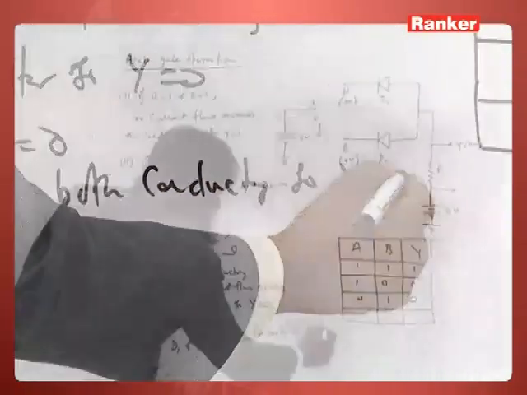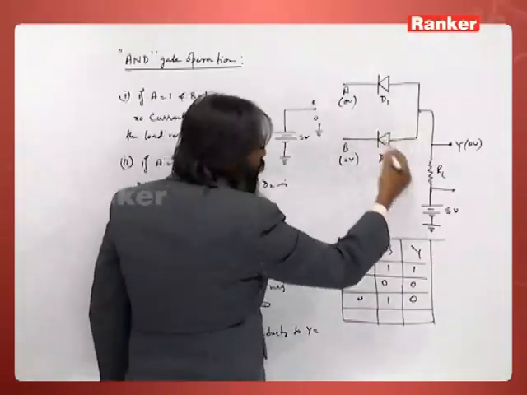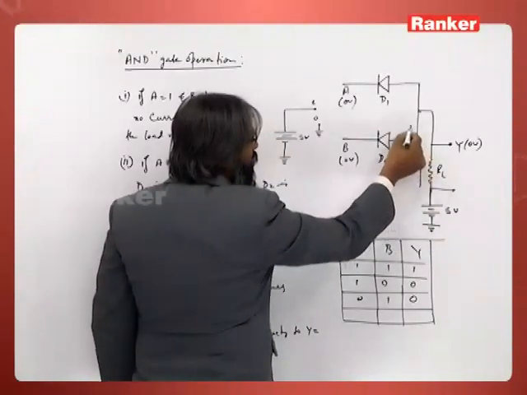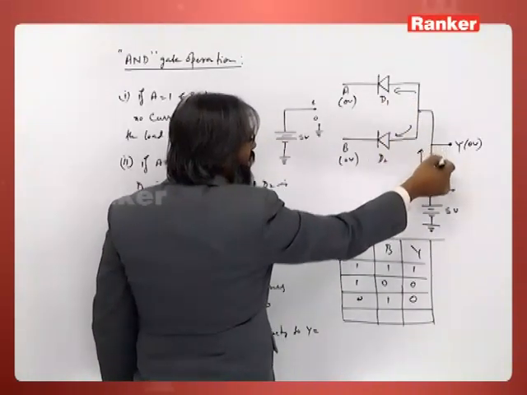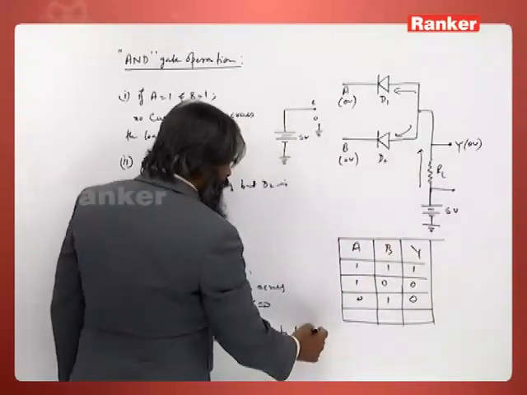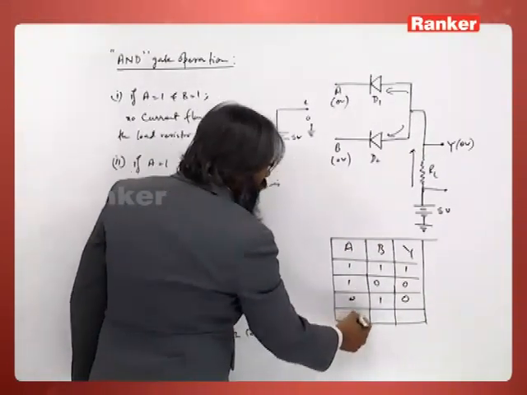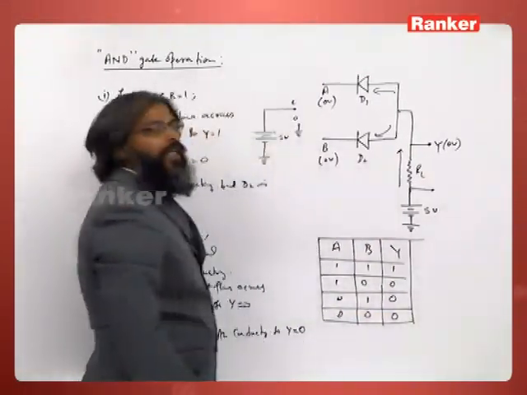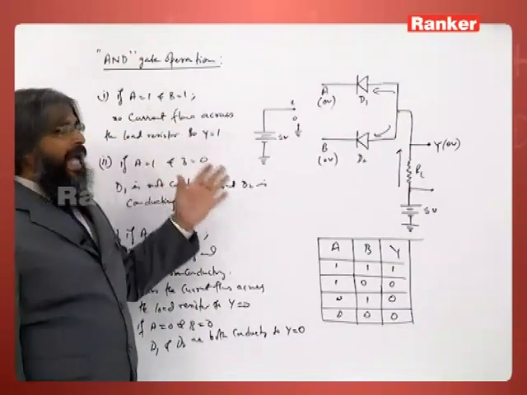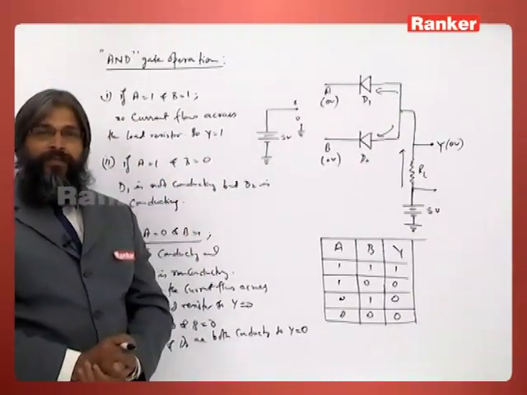So Y is equal to, when it conducts both, current flows across this, and so potential drop here is 0. So Y is equal to 0. So 0, 0 gives 0. This is how the AND gate operates.